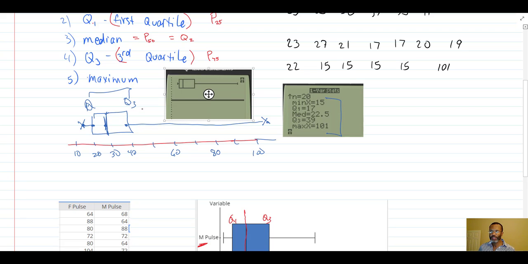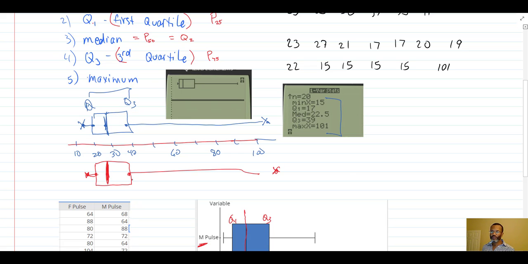We did this by simply taking those 5 points, the 15, the 17, the 22.5, the 39, and the 101, using the left and right endpoints for the min and max, using these 3 to get your box, and using this one in the middle to represent your median.